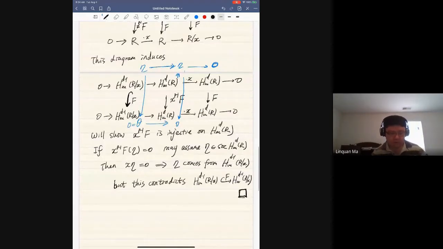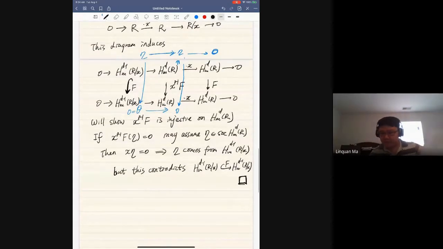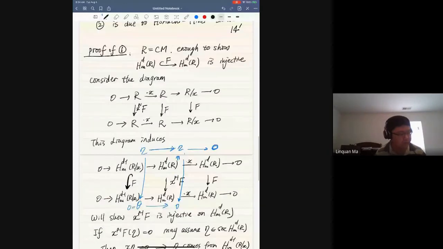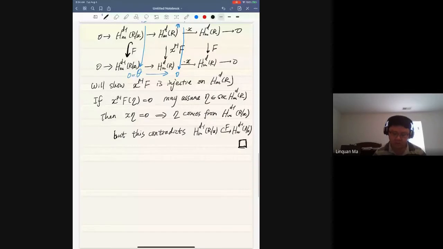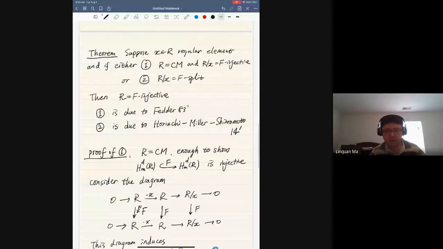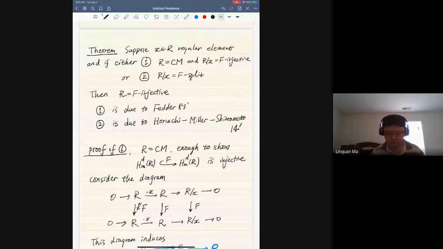And so for the rest of the talk, I have maybe 20 minutes or slightly more than 20 minutes. So let me try to sketch the proof of 2. So assuming R/x is F-split, I want to prove the same statement, I want to show R is F-injective. I'm not assuming any Cohen-Macaulay assumption this time, right?